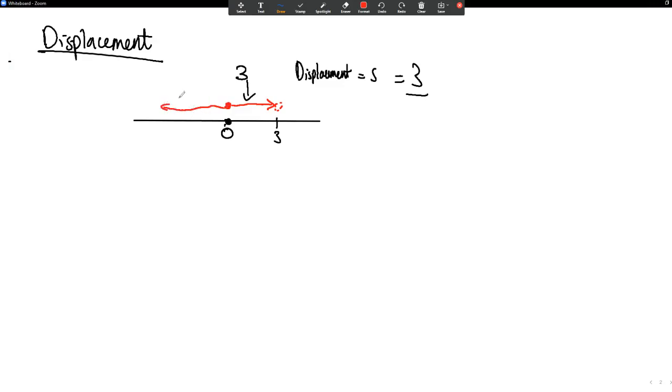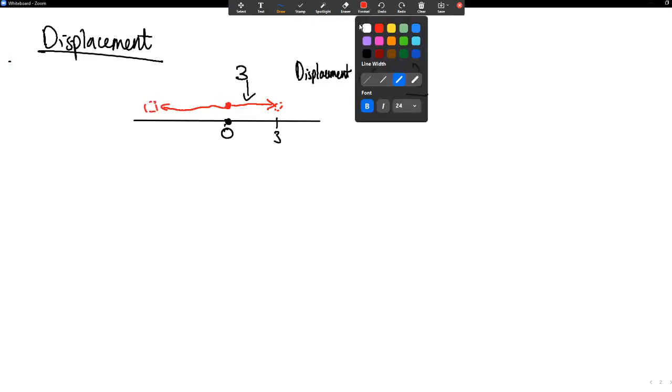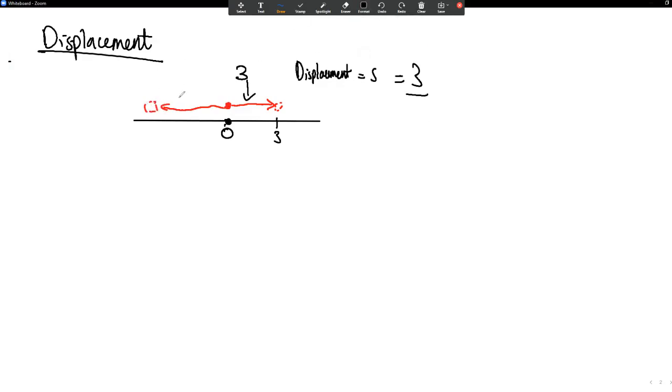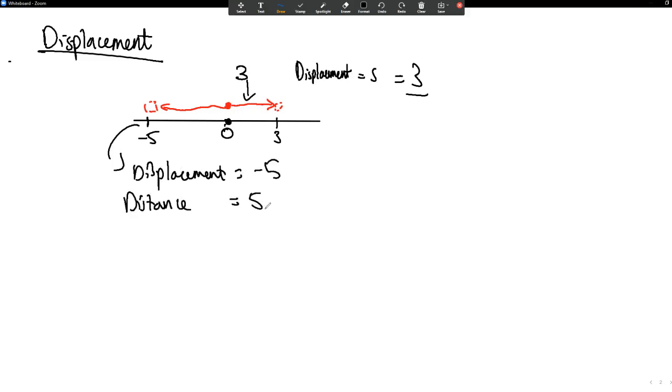So if we go in the opposite direction to -5, where this is -5, the displacement of the second point would be -5, but the distance would be 5 still, because distance can't be negative, but displacement can.